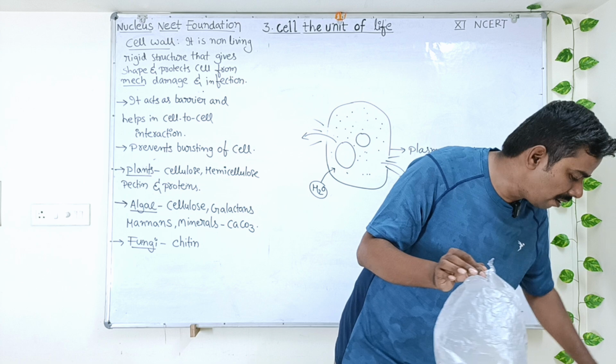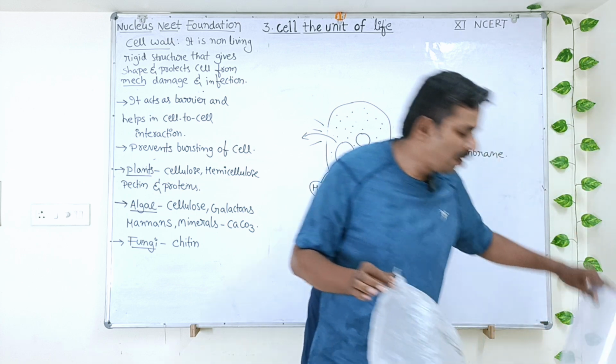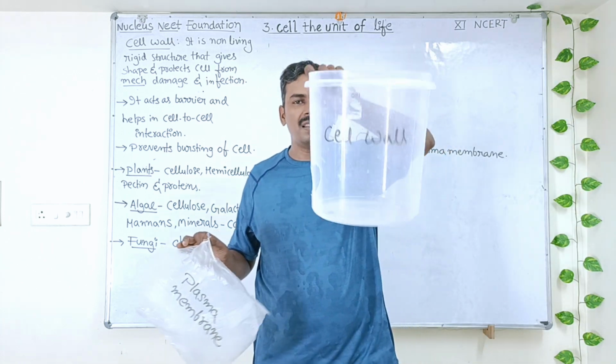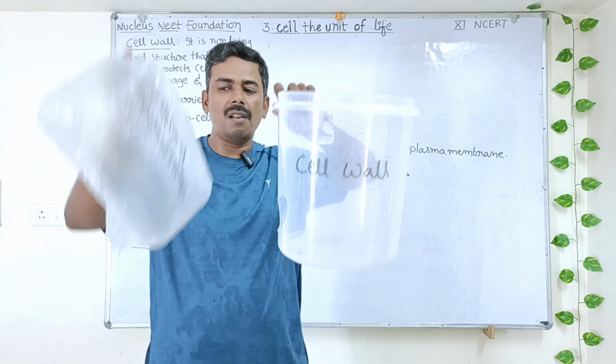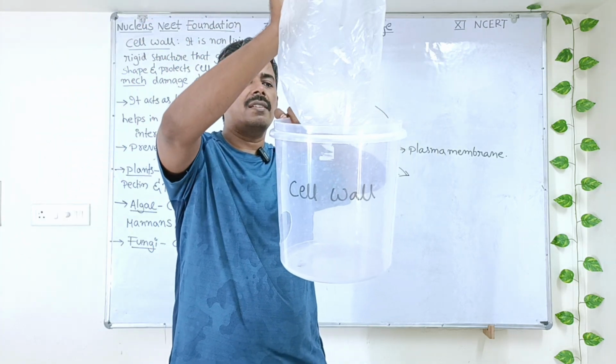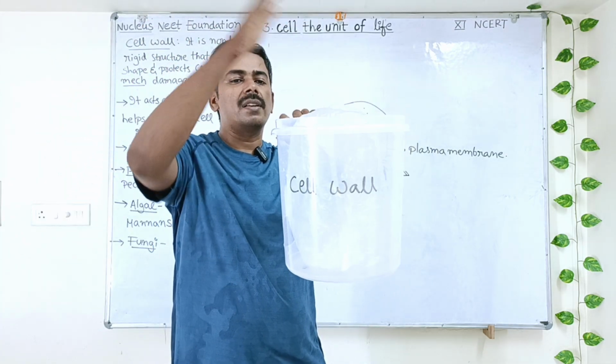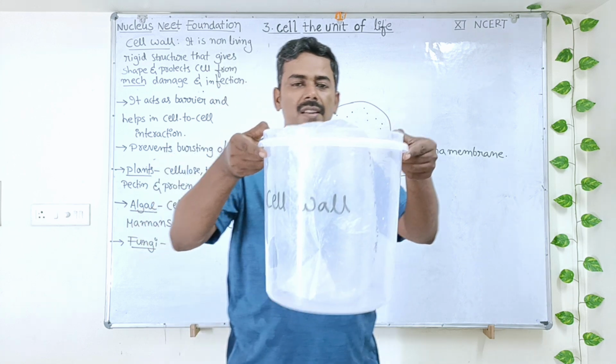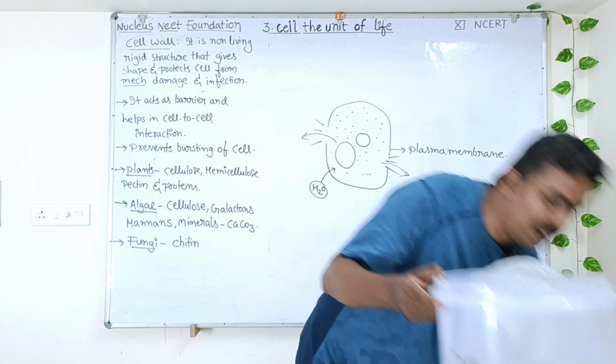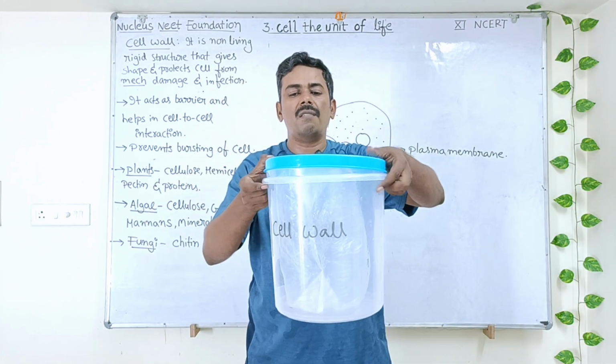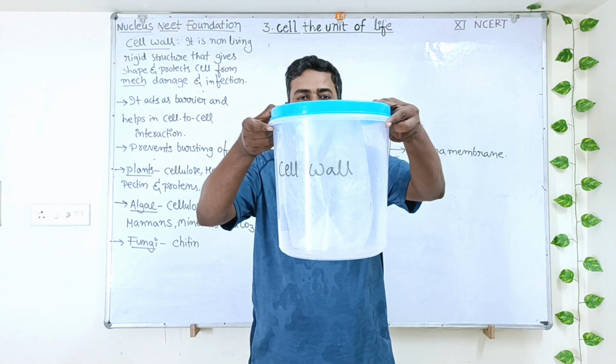That rigid layer is going to be our plastic container here. Imagine this is the cell wall. I am putting the cell inside the cell wall. Now my cell is safe inside the cell wall. I am covering it with a lid. Now our cell is protected from all the sides.